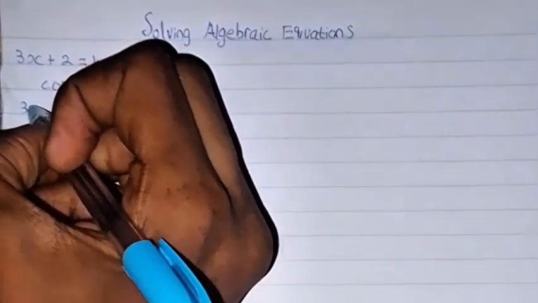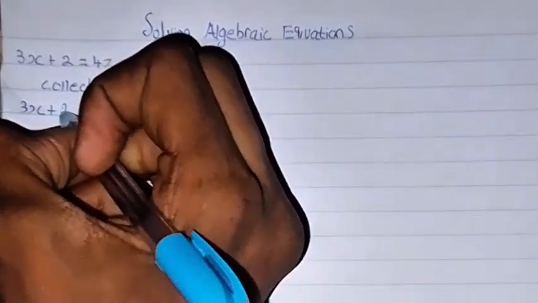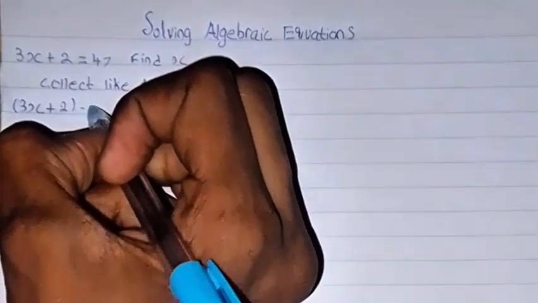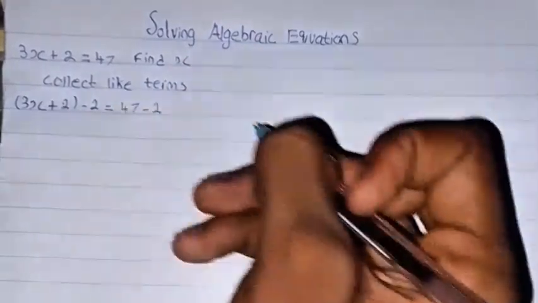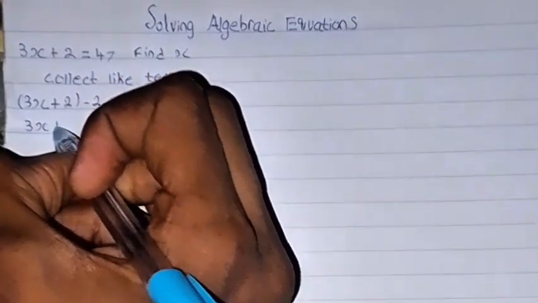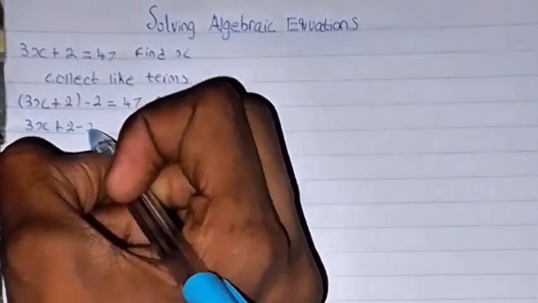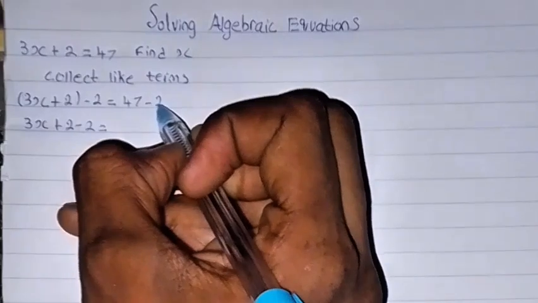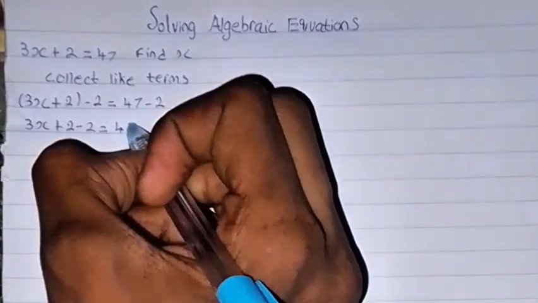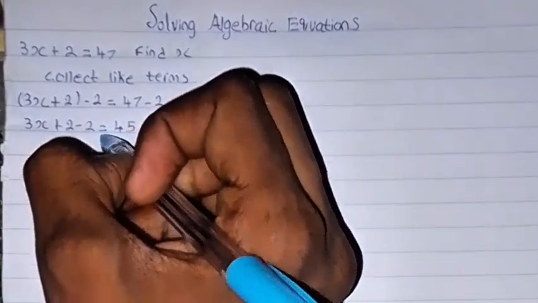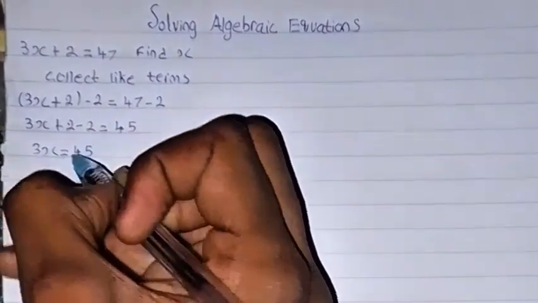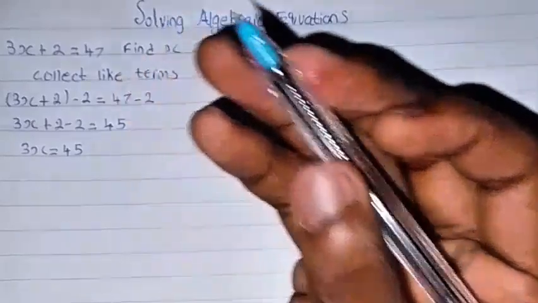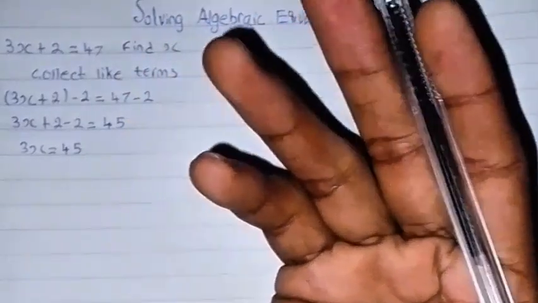So to do that, we simply subtract 2 from both sides. So that becomes 3x plus 2, subtracting 2 from the left hand side, is equal to 47, subtracting 2 from the right hand side. We can now say that in the bracket we have 3x plus 2 minus 2 is equal to 47 minus 2, which gives us 45. 2 minus 2 is equivalent to 0, so 3x is equal to 45. Now we have that 3 multiplied by an unknown number x is equal to 45.